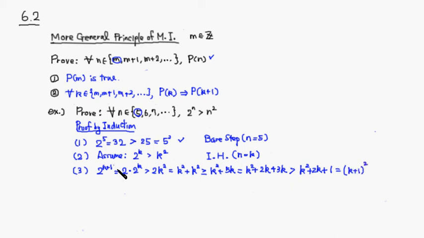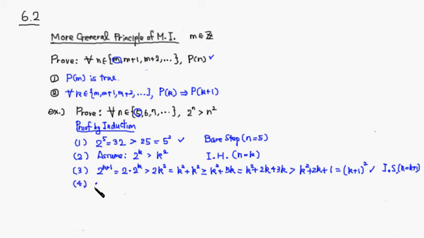So we could show that 2 to the k plus 1 is strictly greater than quantity k plus 1 squared. So this checks out. This is the induction step when n equals k plus 1. And the last step is just a conclusion.